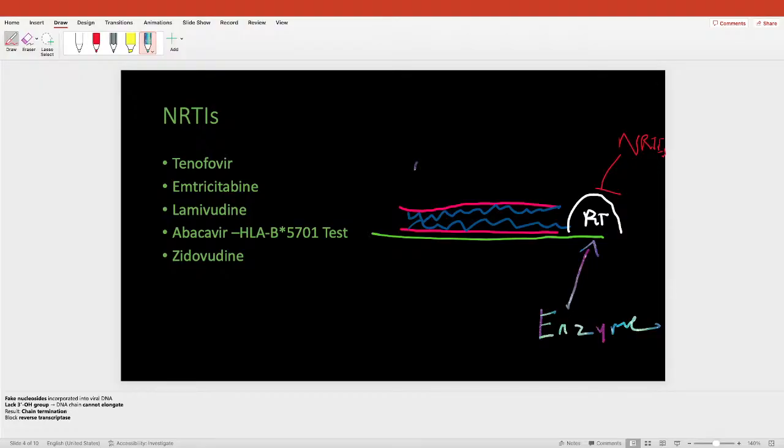So like RNA to DNA. And you can see here, this is the viral RNA.